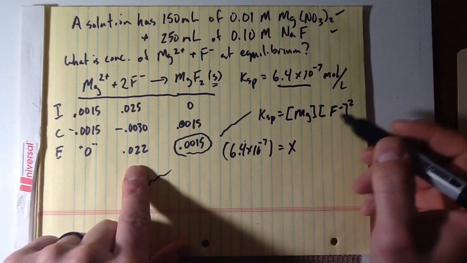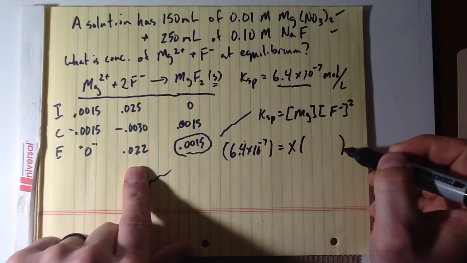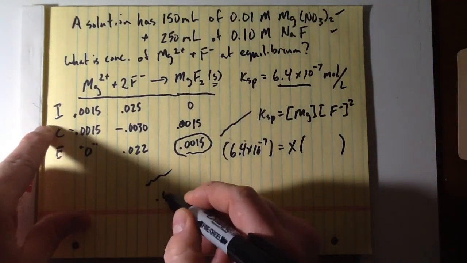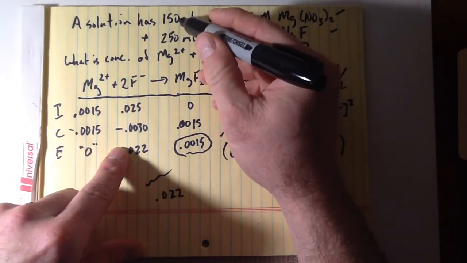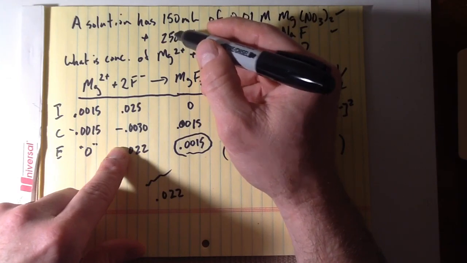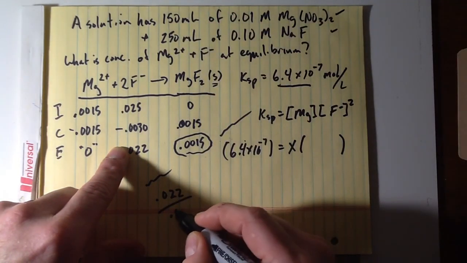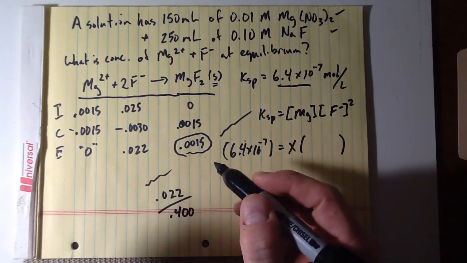Now the fluoride, I need to change to molarity before I square it. So we would take the 0.022 and divide it by the total volume. 150 was combined with 250, so that would give us 400, which is 0.4. I'll do that math real quick on my calculator.